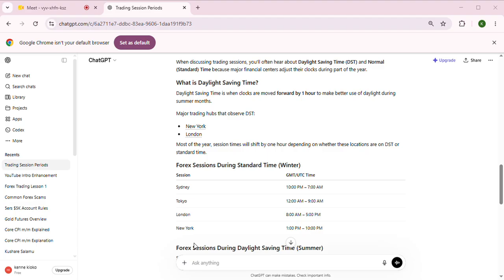That is the single explanation I did there. When trading session times change due to daylight saving adjustment, brokers will always notify you via email indicating the exact date and time the new trading hours will take effect.